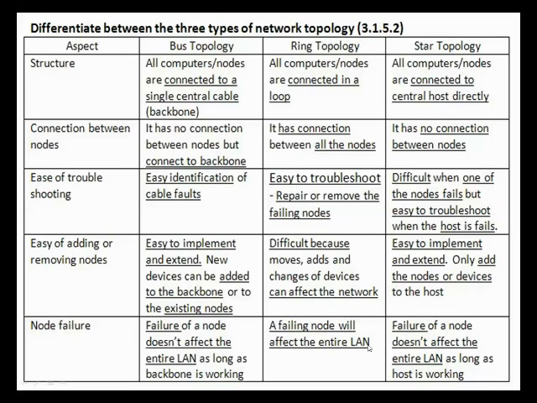And in star topology, failure of a node doesn't affect the entire LAN, as long as the host is working. This is the difference between bus topology, ring topology, and star topology.